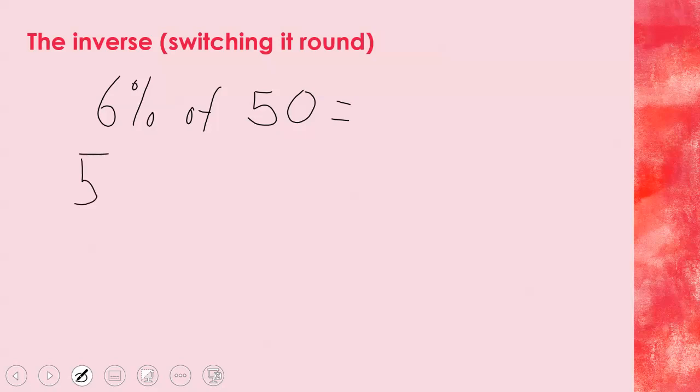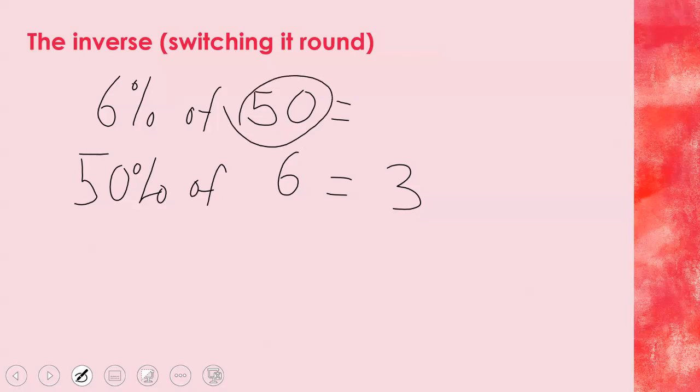It's much easier to find 50% of 6. 50% of 6, half of 6, is 3. And if you worked it out by doing 50 divided by 100 to get 0.5, 0.5 times 6 is also 3. So sometimes switching the fraction round might help.